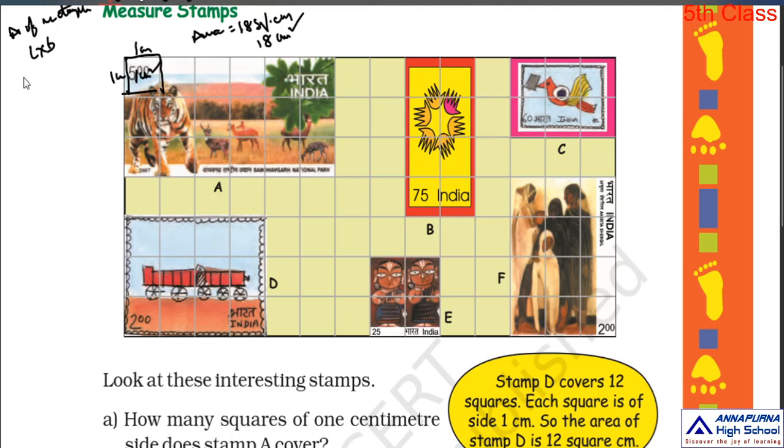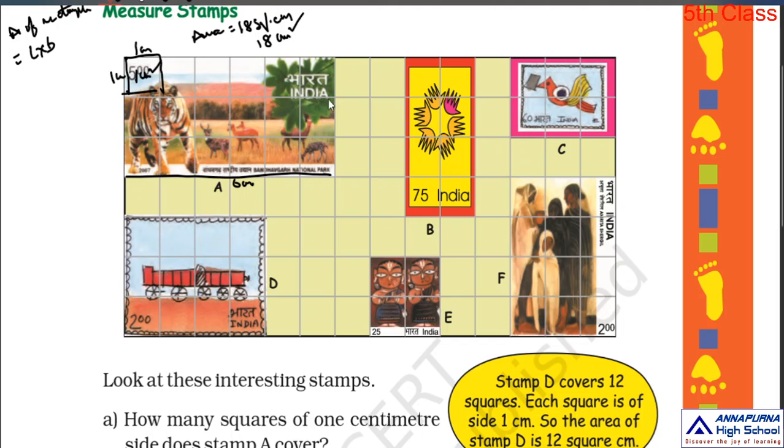To get this 18, we can use the formula. To find the area of the rectangle, you just multiply length by breadth. So length is how much? 1, 2, 3, 4, 5, 6. If each side is 1 centimeter, then what is the total length from here to here? 1 plus 1, 2 plus 1, 3 plus 1, 4 plus 1, 5 plus 1, 6 centimeters.